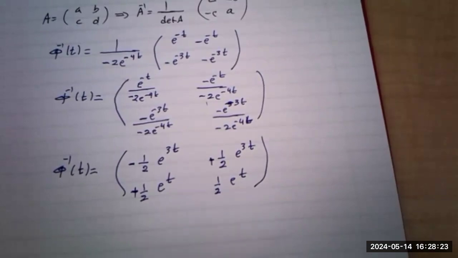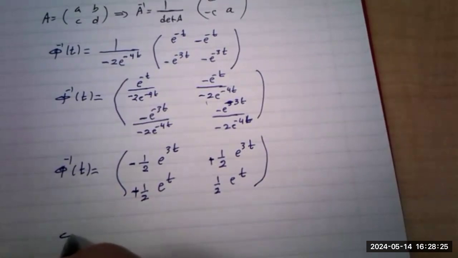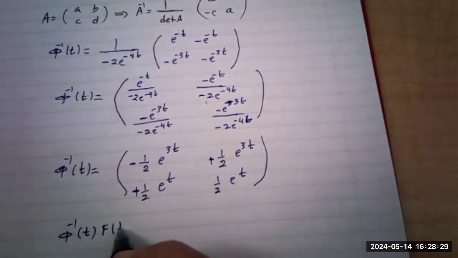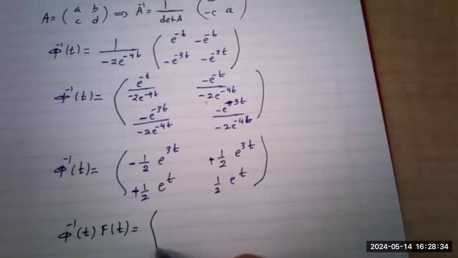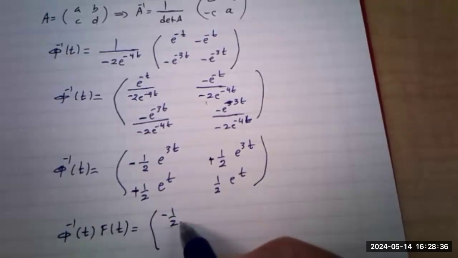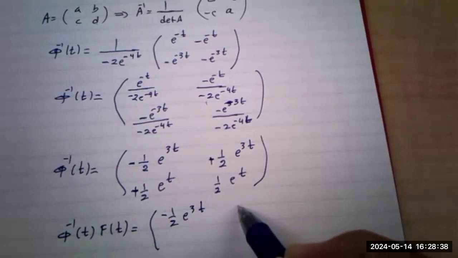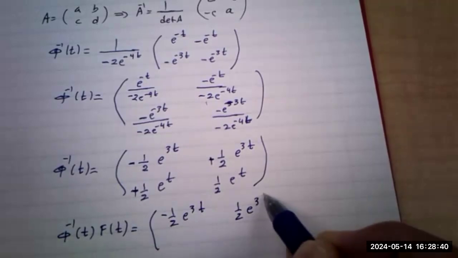Okay, so you get the phi inverse of t times f of t. So this is going to be, we have the matrix. This is the matrix -1/2 e to the 3t, okay, 1/2 e to the +3t.